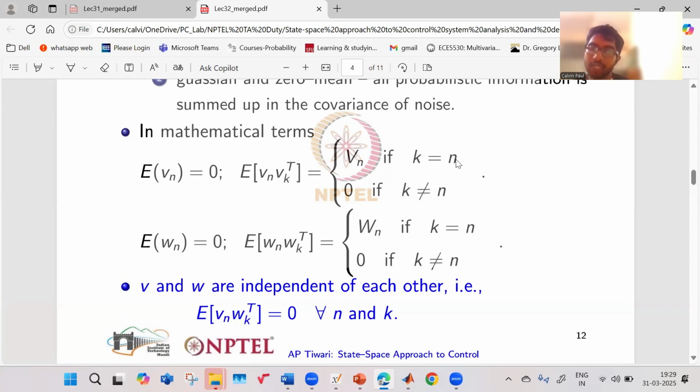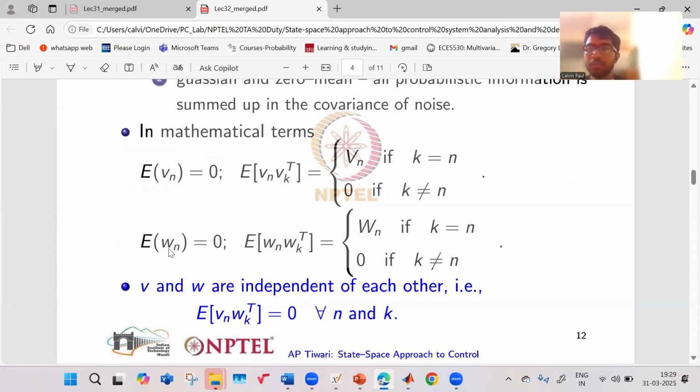So if k is equal to n, that means that the noise at time 1 depends on the noise at time 1. That is true. But the noise at time 1 doesn't depend on the noise at time 0, and the noise at time 1 doesn't depend on the noise at time 2. They are not dependent. So that is why that expectation, that correlation, the covariance, is 0. Okay, that is what this means.